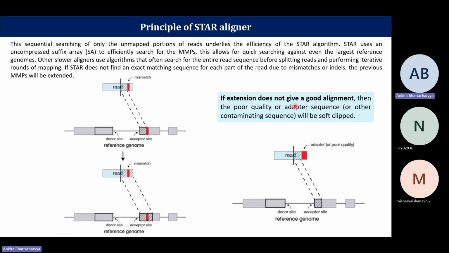In case extension is not giving a good enough alignment, then poor quality or adapter sequence or other contaminating sequences can be soft clipped. So this is where soft clipping would be done, and only this much portion of the read will be used for alignment, and then also it can be used for further analysis and for comparisons, taking into consideration that there is some sort of a splice site in between these two exons.